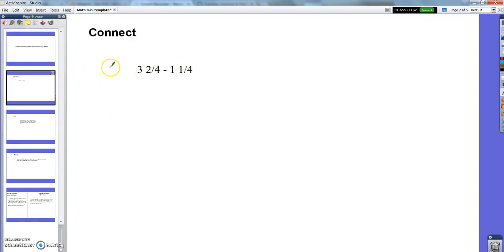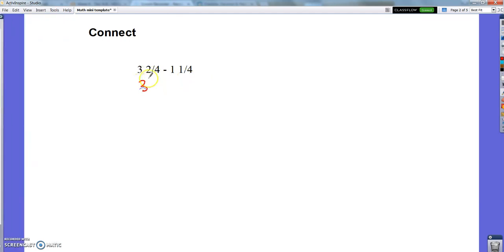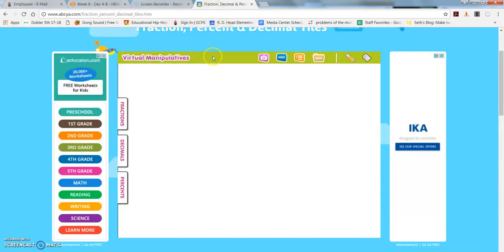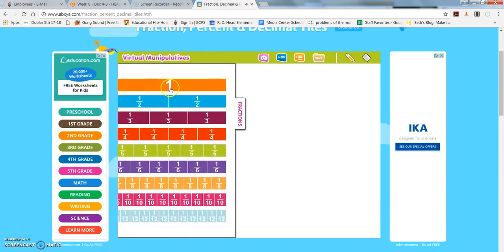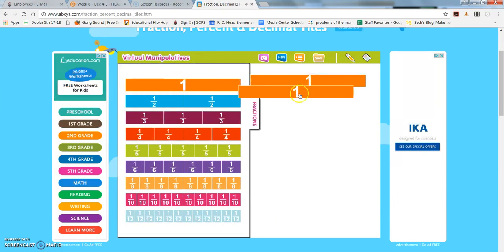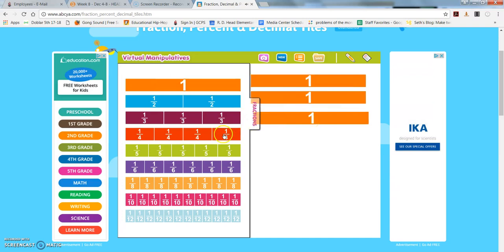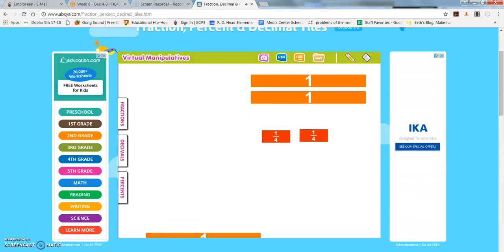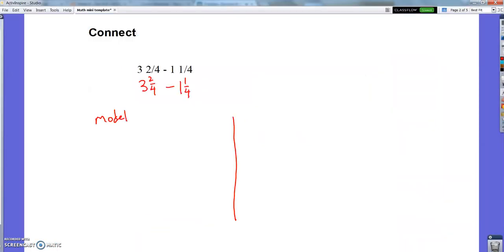So as we did yesterday, we did things like this. It's kind of hard to read, I know, on the board. 3 2/4 minus 1 1/4. And I showed you two ways to do that, right? Model, where I would come over here and do things like this. 3 2/4.